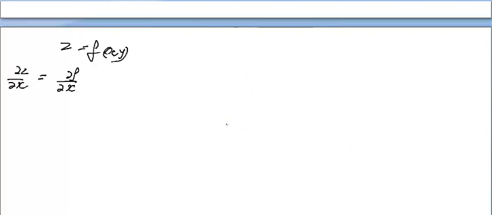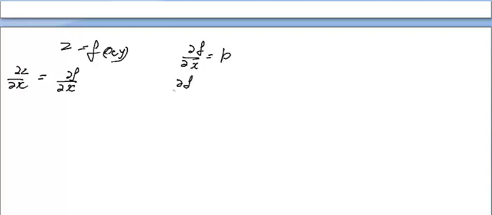So one more representation I am going to give. Always the first derivative of a function with respect to x, you will name it p. So wherever small p is there, this is the permanent representation of the partial derivative of the function with respect to x.